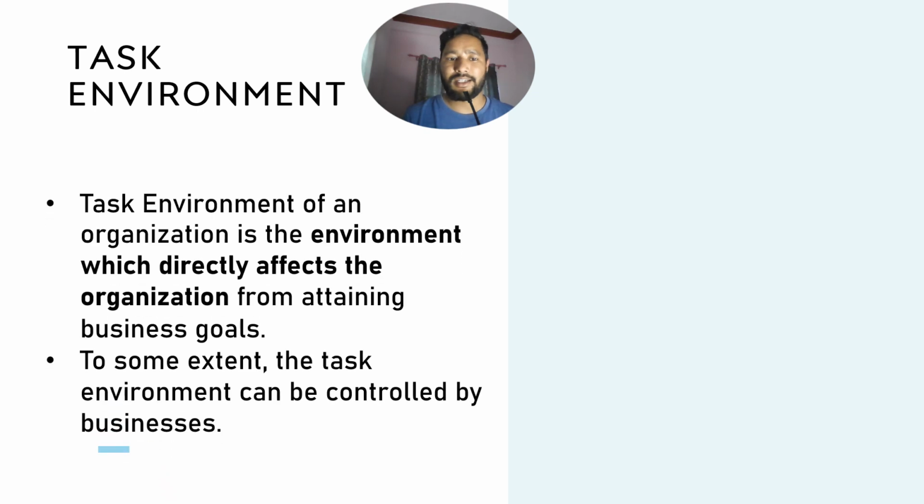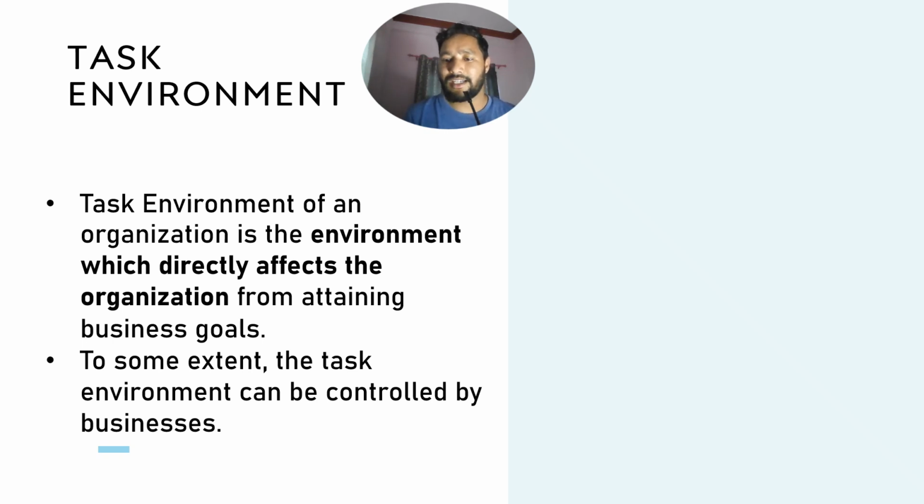Task environment is related with those factors that directly affect the organization while achieving business goals. So it means in some context, to some extent, the organization can control the factors included in task environment.